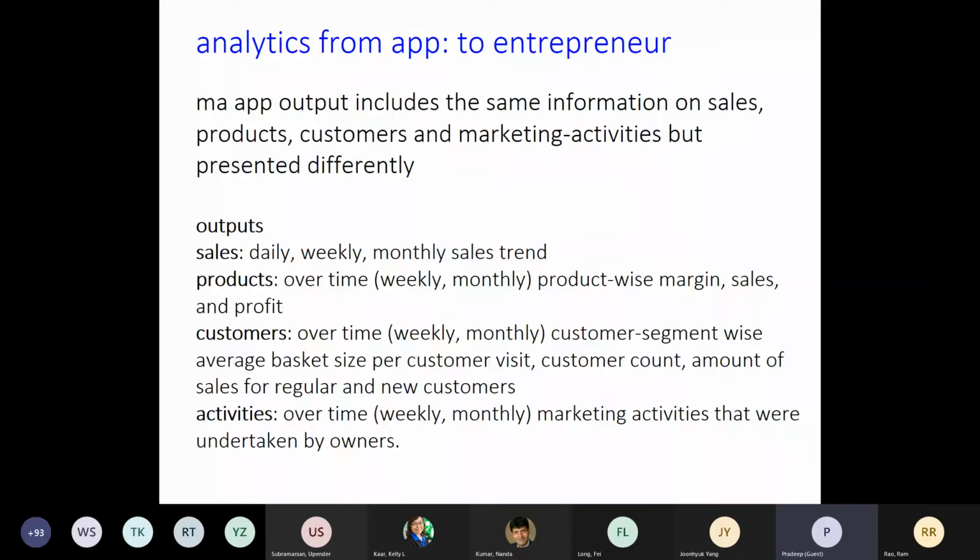So the entrepreneur can keep track of whether or not sales are going up, whether they're going down, what's happening with specific products, what's happening to the margins of these products, how are they changing over time, what's happening to their customer base, etc. Right. So these are the things that the app will then inform the entrepreneur about.